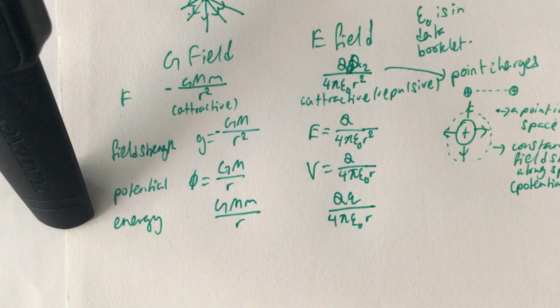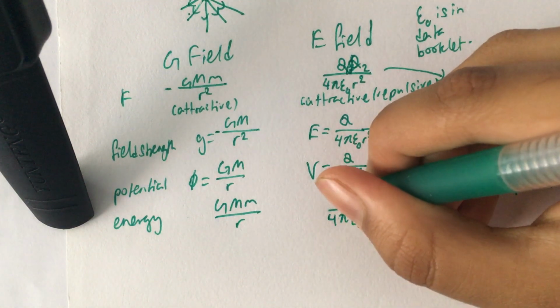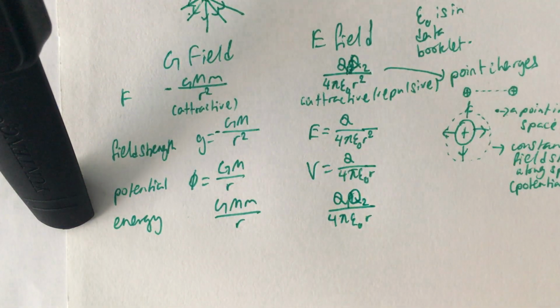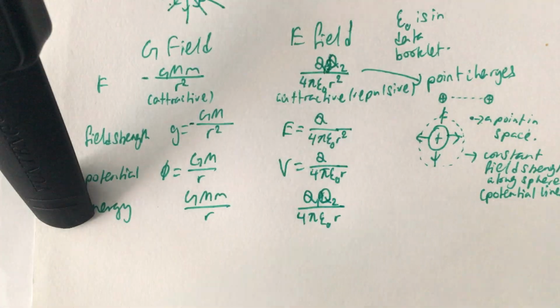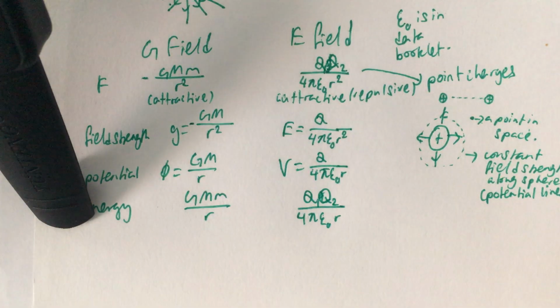Now let's look at the stuff that's actually pertaining to this topic, which isn't really covered in gravitation. Let's look at the scenario where we have a uniform field rather than 2 point charges, because all the comparisons with gravitation are based on electric field having 2 point charges rather than a uniform field.